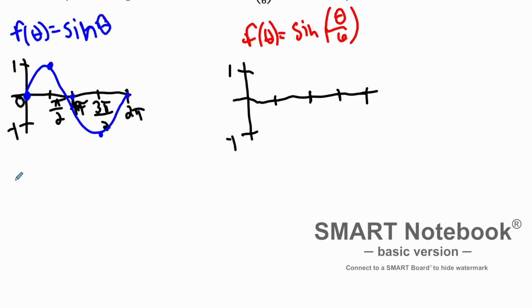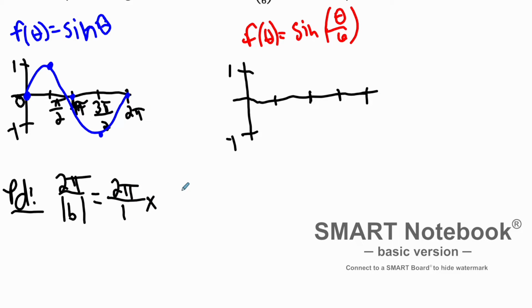So to get the period, what we do is we take 2 pi, and we divide that by the absolute value of b. Now, for everything that we do, b is going to give us a positive number, so we don't really need to worry about that. The other way, and the better way of looking at this, is multiplying it by the reciprocal.